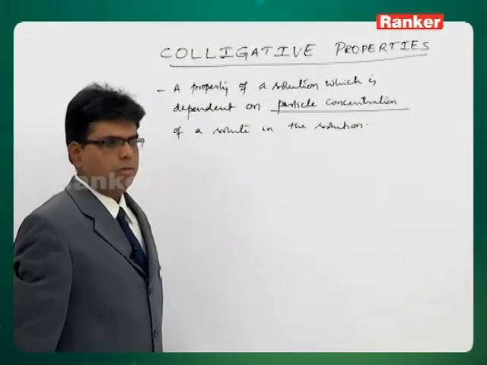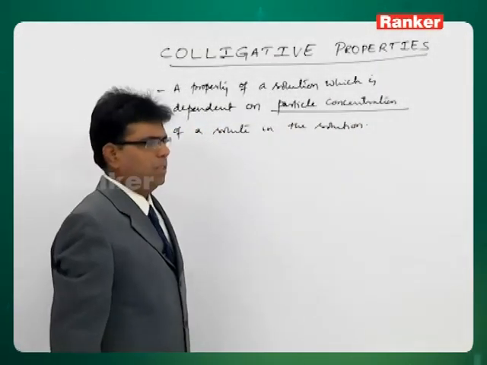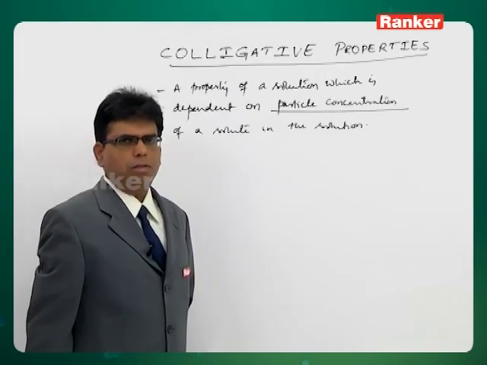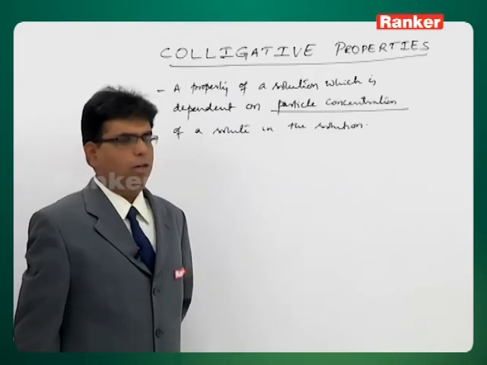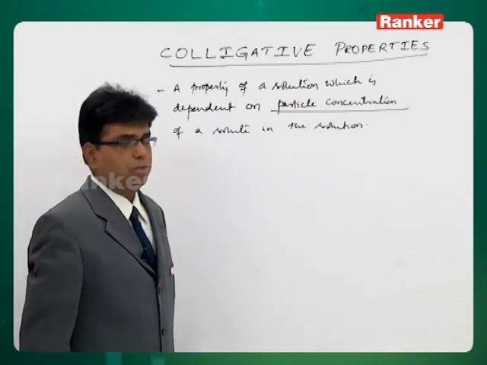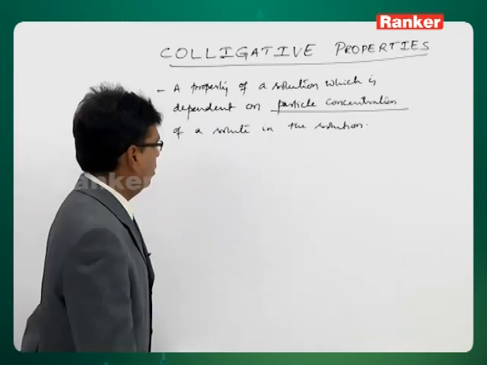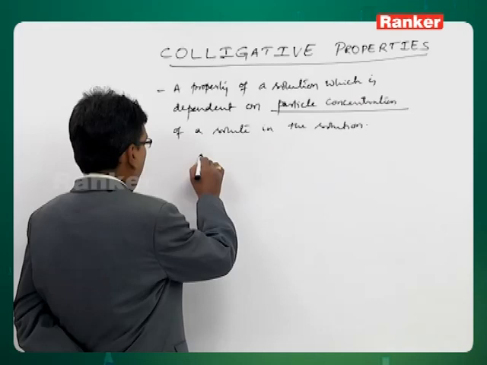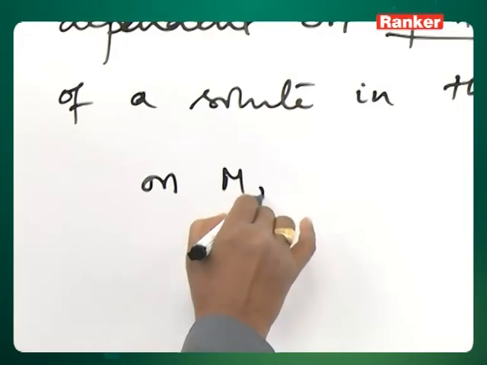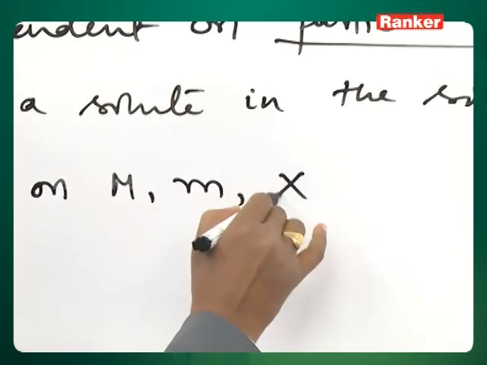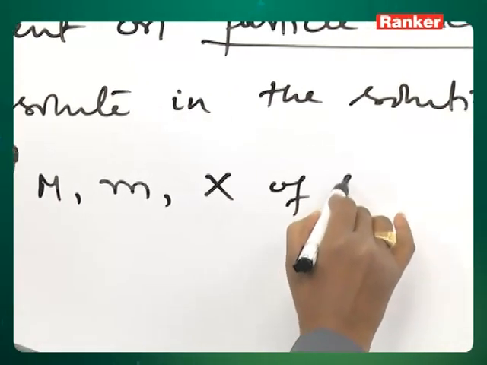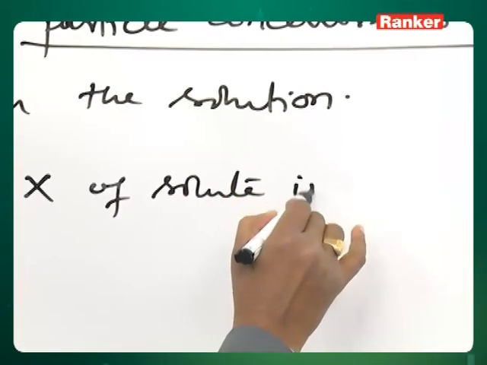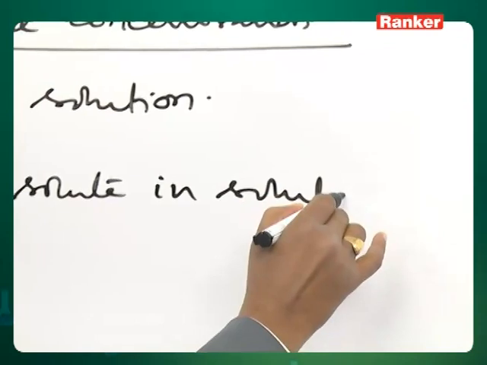So, the meaning is it is a property of a solution which is dependent only on the particle concentration of the solute, which means it is dependent on the molarity or molality or mole fraction of the solute in the solution. That is what concentration means.